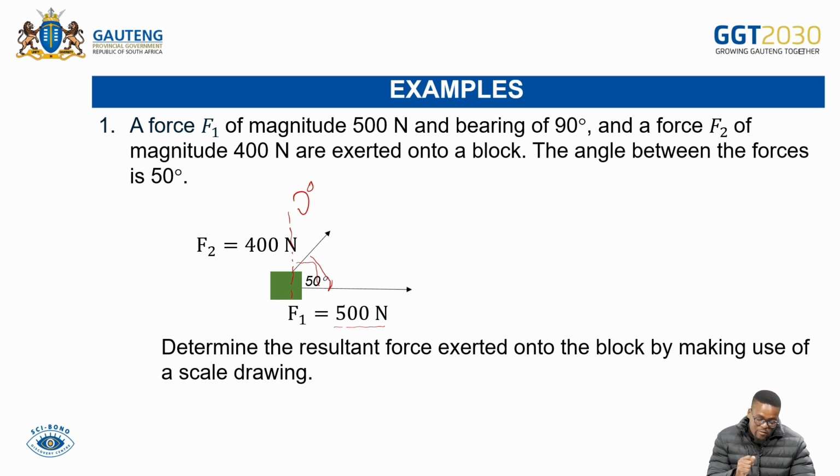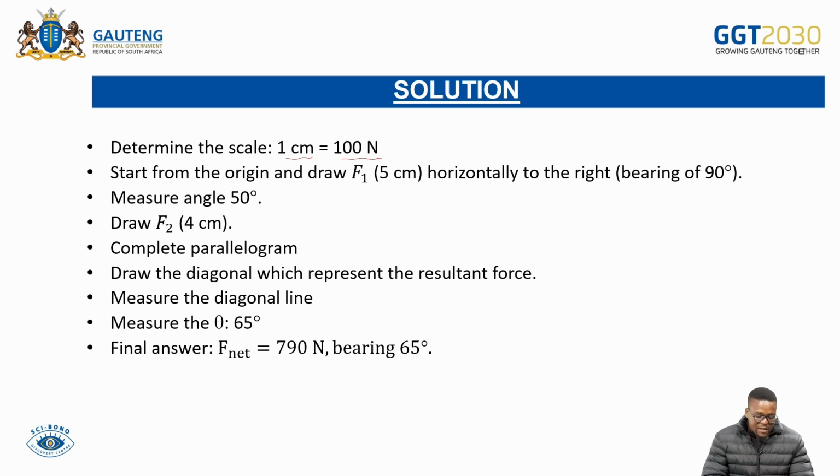These two forces, F1 and F2, must be at an angle of 50 degrees, not 51 or 49, it must be exactly 50 degrees so that it gives you the correct answer. After measuring the angle, you draw F2. According to our scale, F2 will be 4 centimeters using your ruler.